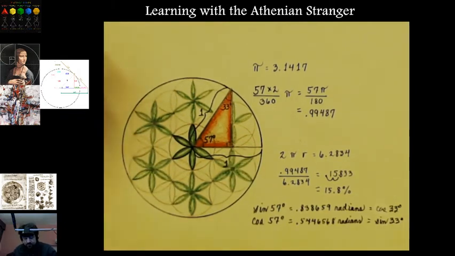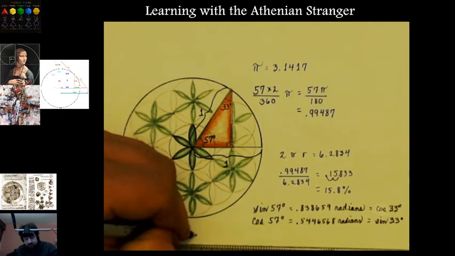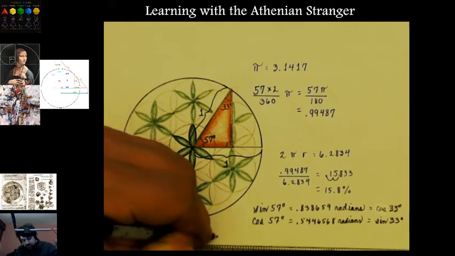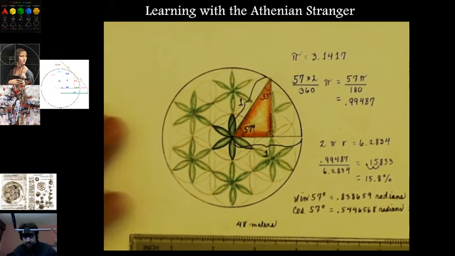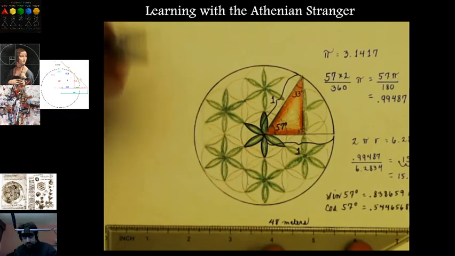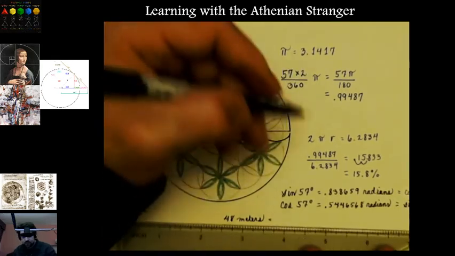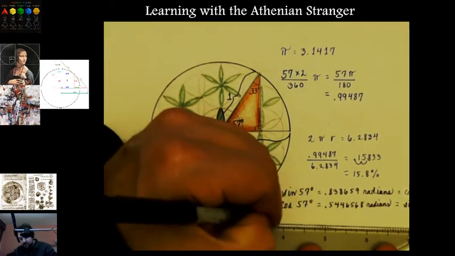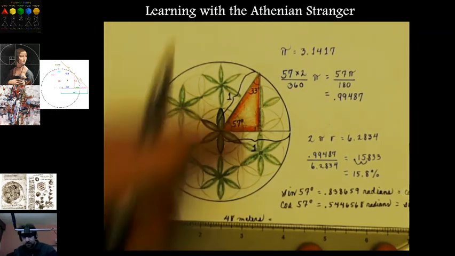So I can find the scale factor very easily by taking 48 meters and saying basically that, let's put it over here, 48 meters equals the, because I can call this distance the cosine of 57, or I can call it the sine of 33.